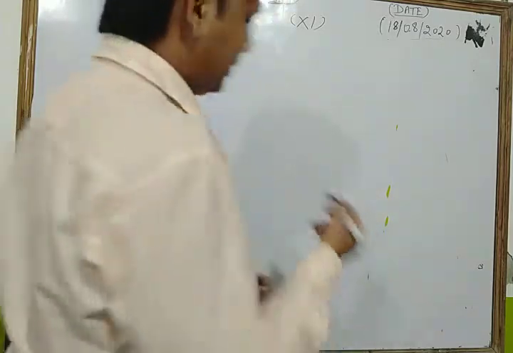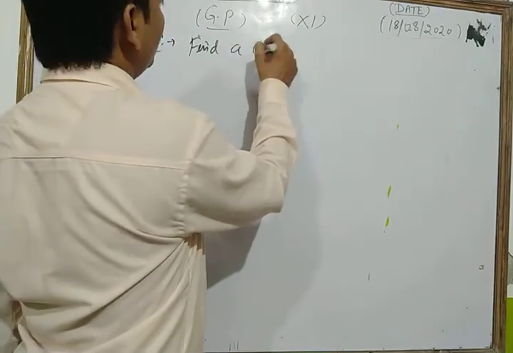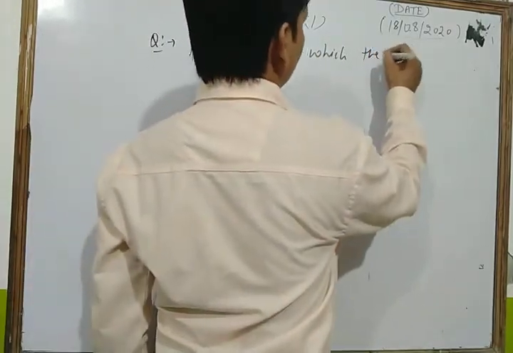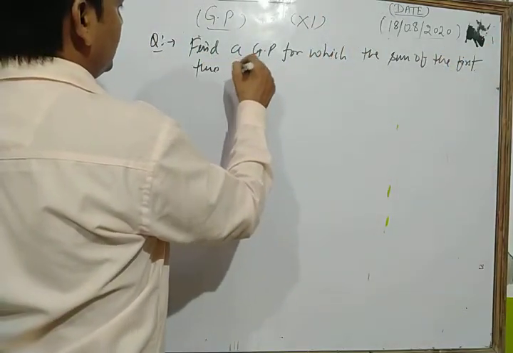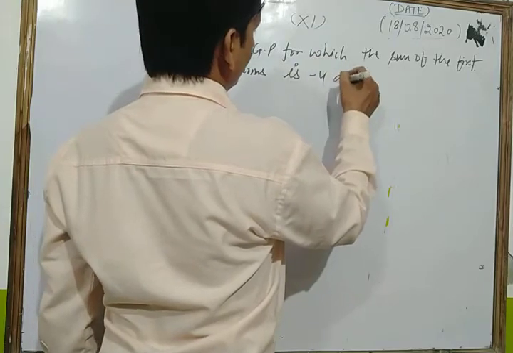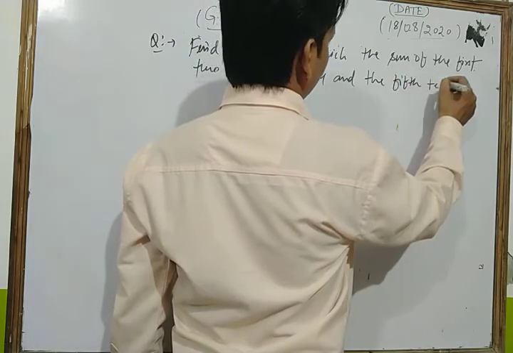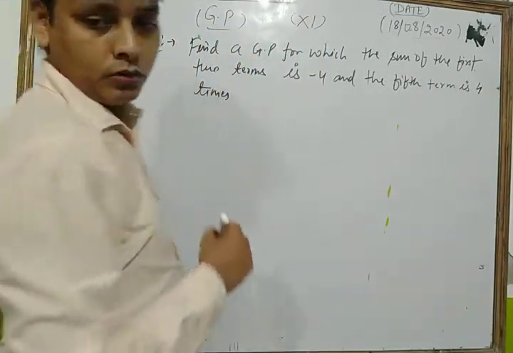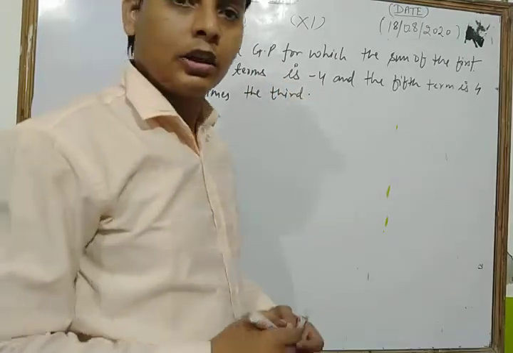Dear students, your question is: find a GP for which the sum of the first two terms is minus 4 and the fifth term is 4 times the third term.